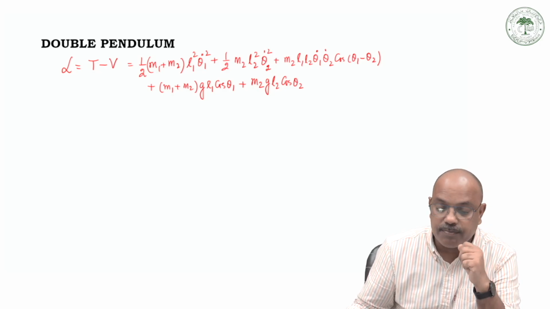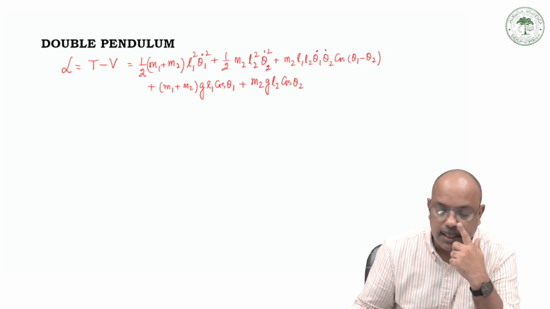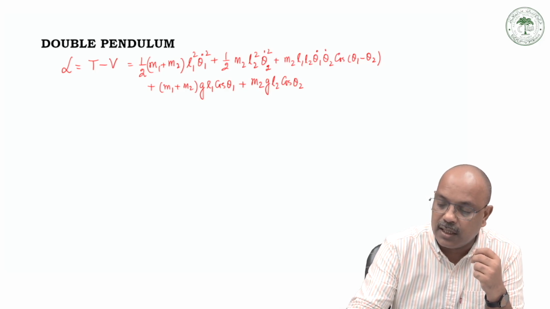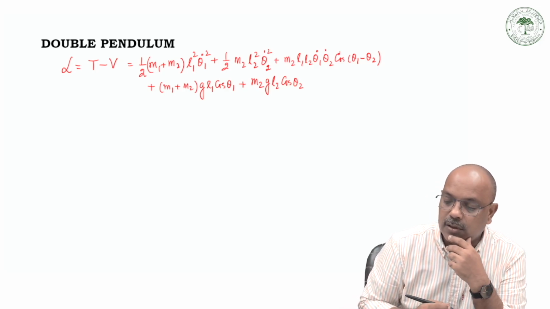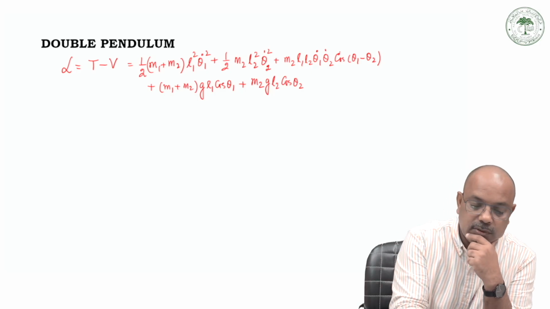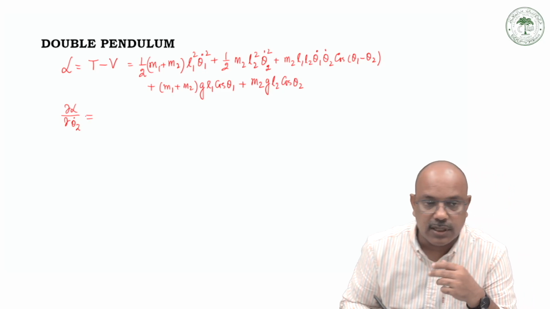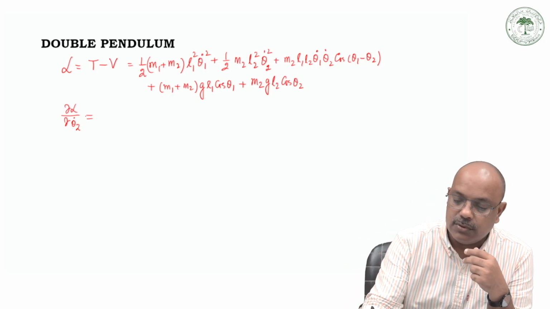1 was correct. That was good. And then when I was trying to calculate with theta 2, there was a mistake, and at that time I didn't figure it out. So now I'm going to do it, so let's find dL by d theta 2 dot for this.